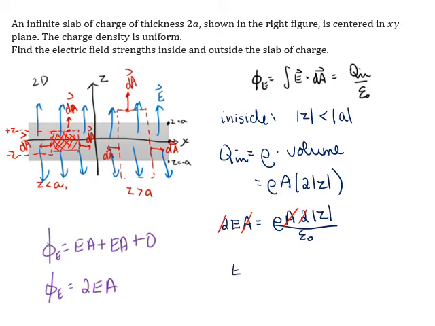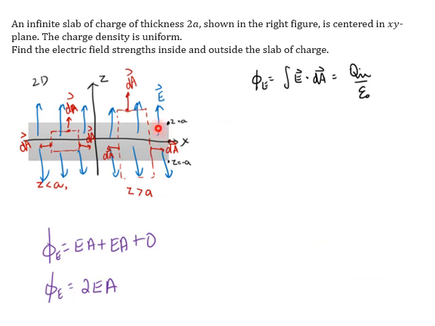And the size of the electric field is the density times the coordinate divided by our constant epsilon naught. Okay, and our electric field is a vector, so I'm going to say outwards from the plane.